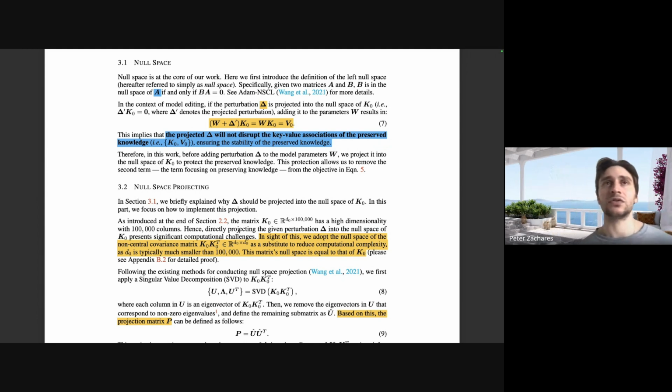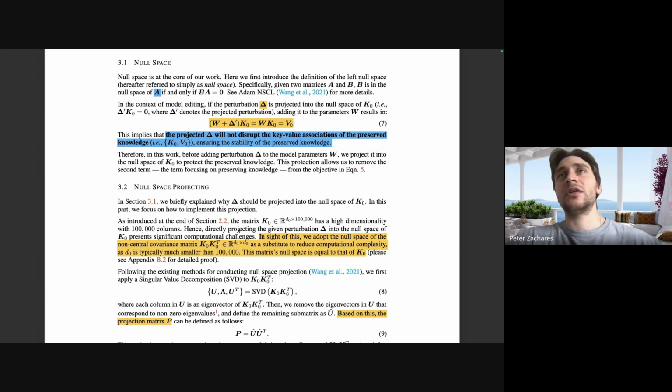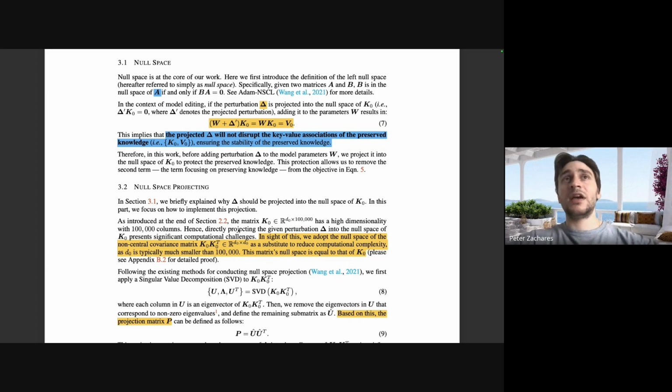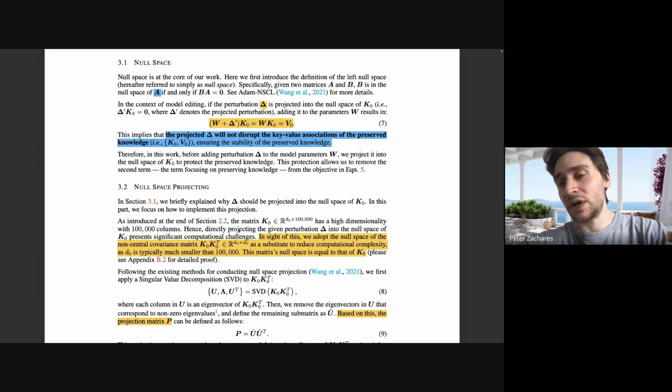So instead they choose 100,000 sequences that the model generates correctly, which I guess probably are facts of high importance or something. I don't know how they choose them. And that's what their K naught and their V naught are. It's a batch size of 100,000. This is an approximation of the total knowledge known by the model, which is infinite in theory.